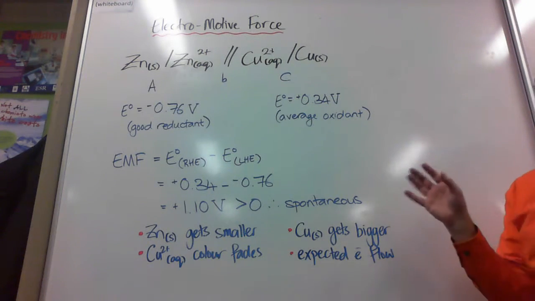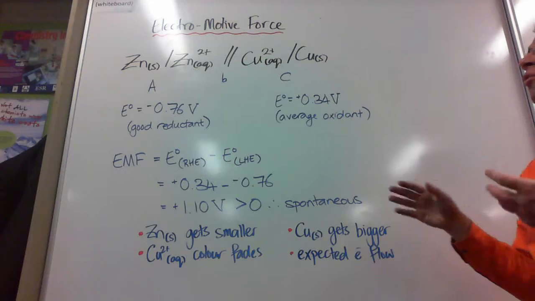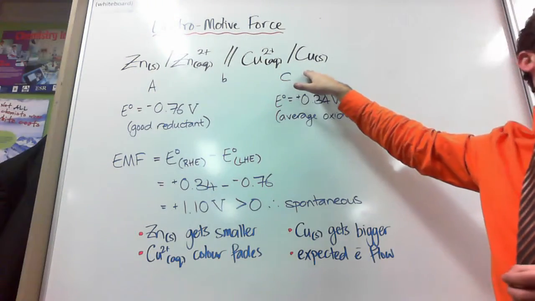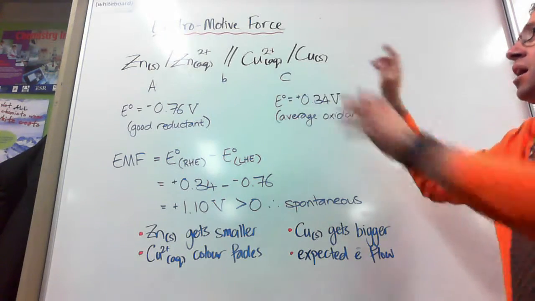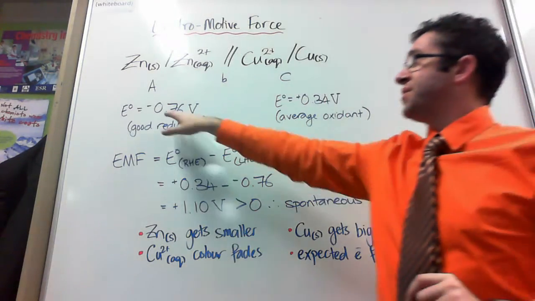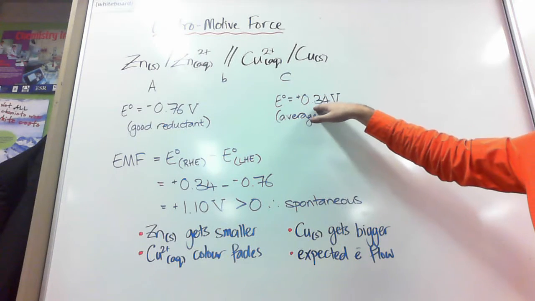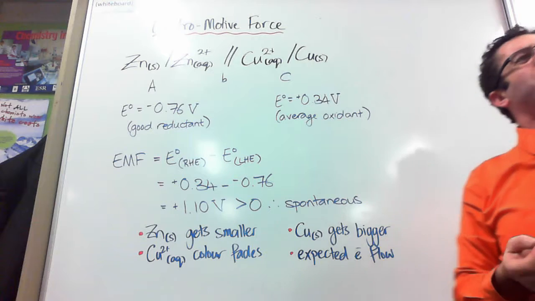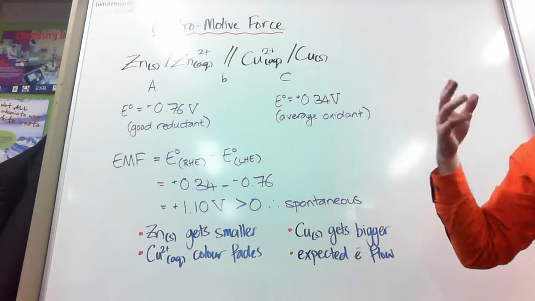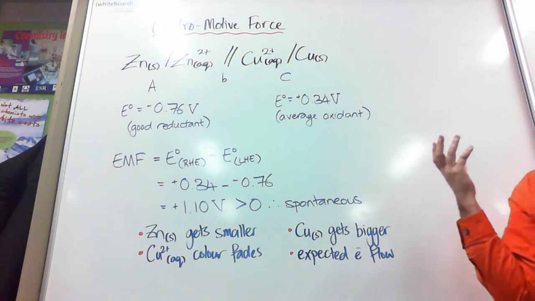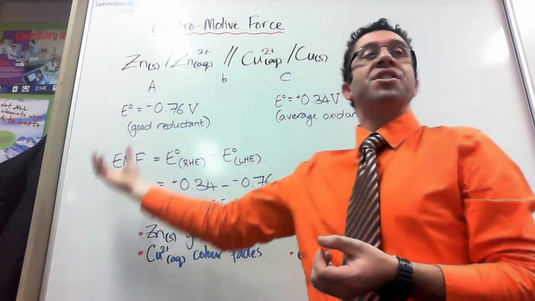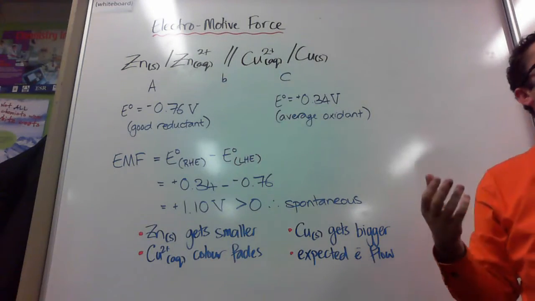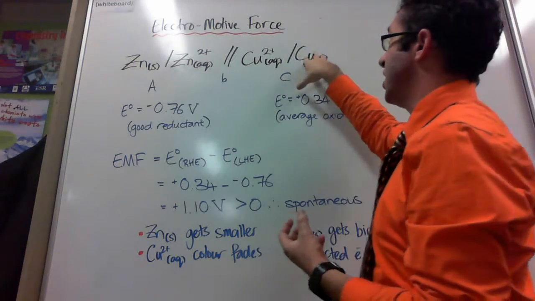If I had drawn this back to front and not realised that zinc was going to be the anode and copper the cathode, I'd be going negative 0.76 minus positive 0.34, and I'd get negative 1.10 volts. That would mean oxidation is occurring on the right-hand side and reduction on the left, the opposite of what we'd observe.